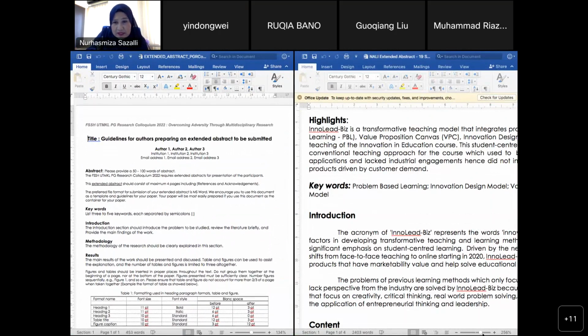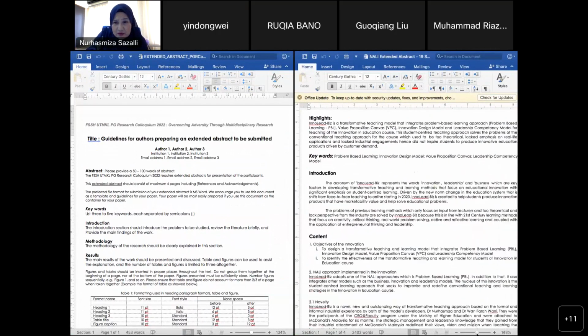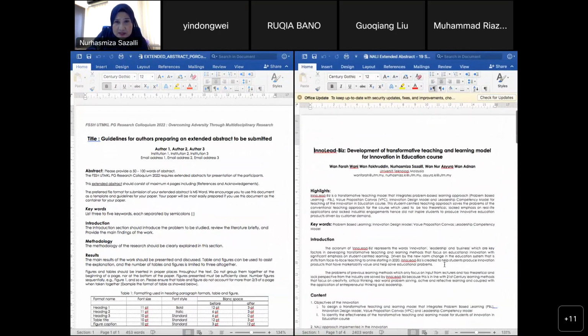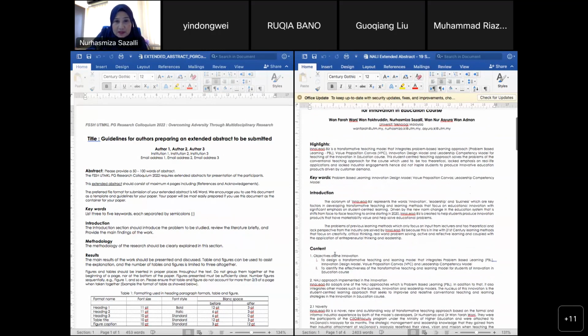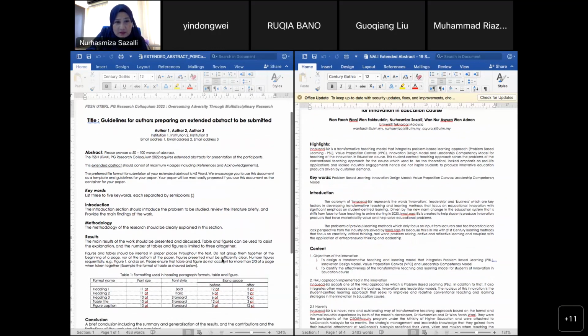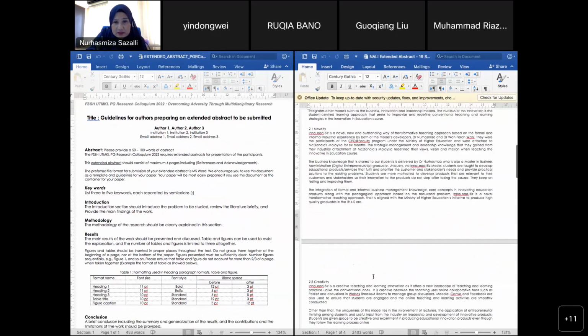But for the example that I gave you just now, which is also 4 pages, they have the highlights, the keywords, and then it goes straight to the introduction. For our colloquium, it's not highlights, it's abstract. After the abstract, with the contents that we have discussed just now, you go with the keywords, and then the introduction. But the rest of it is quite similar.